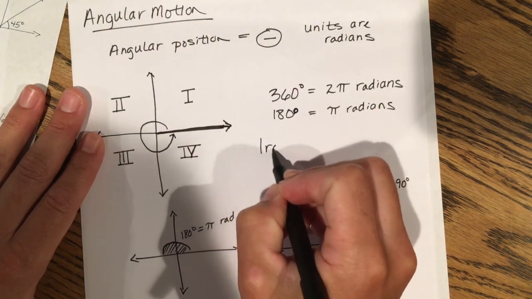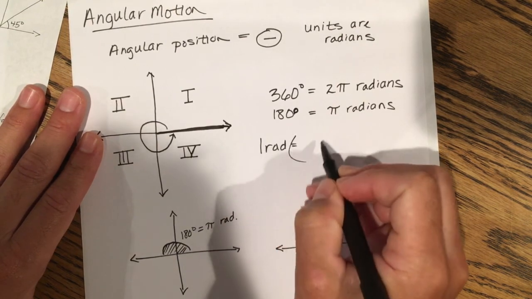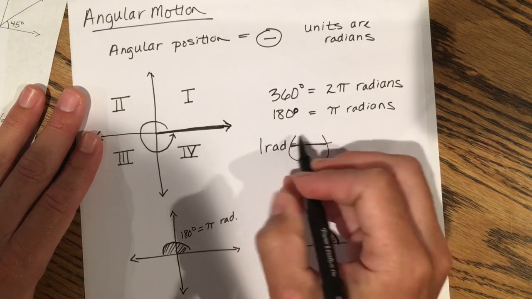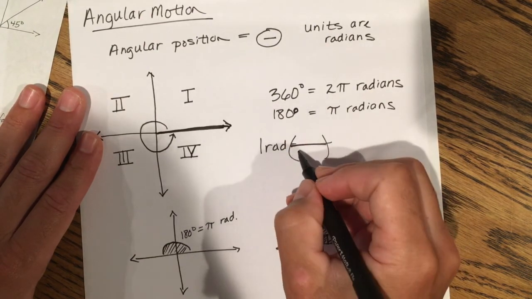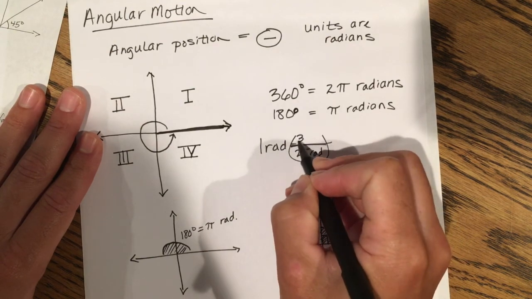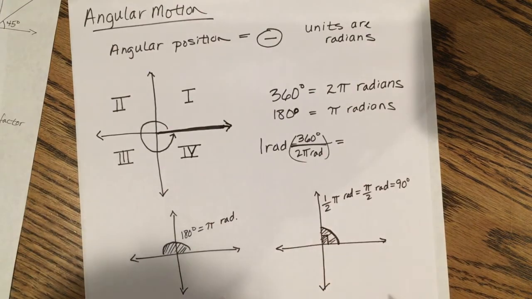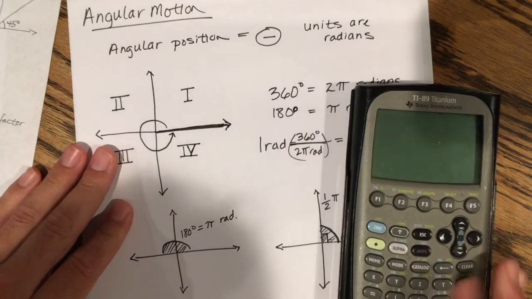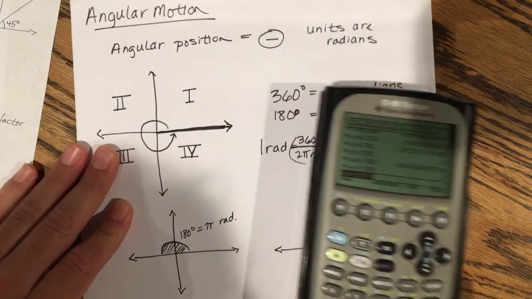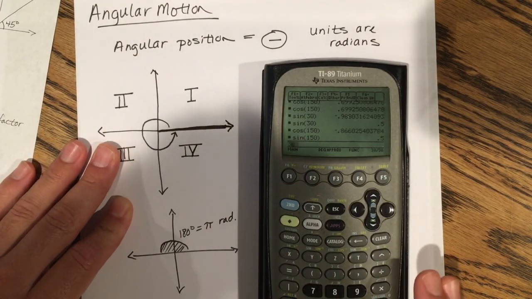1 radian is how many degrees? Well, we would just do a conversion. We know that 2 pi radians is equal to 360. So all we're going to do is take 360 divided by 2 pi.